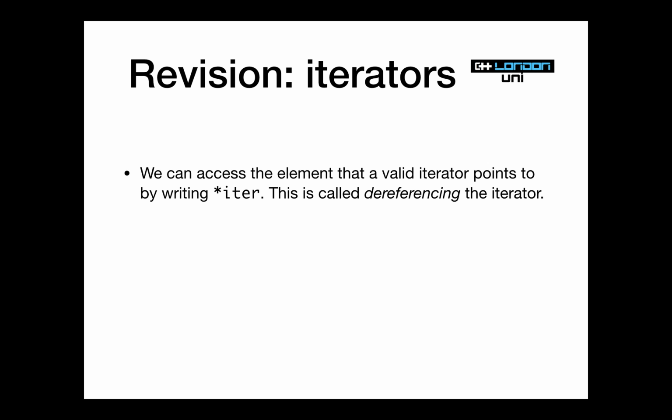And this operation, it's another bad bit of terminology, I'm afraid. This operation is called dereferencing. So if we say star iter, then we can access the element at that position in that collection.